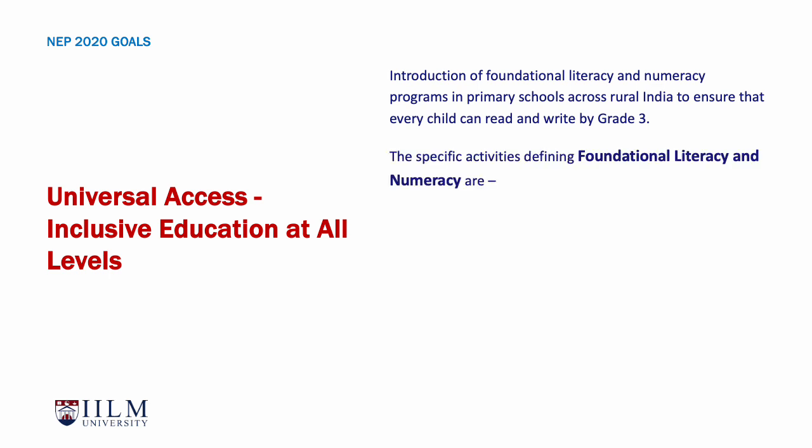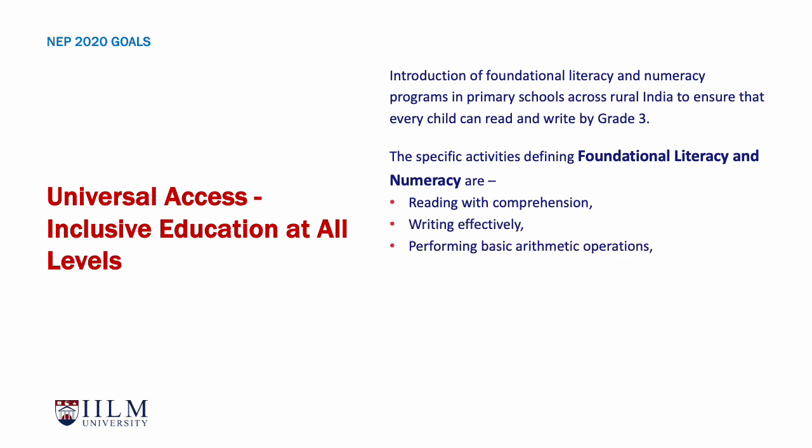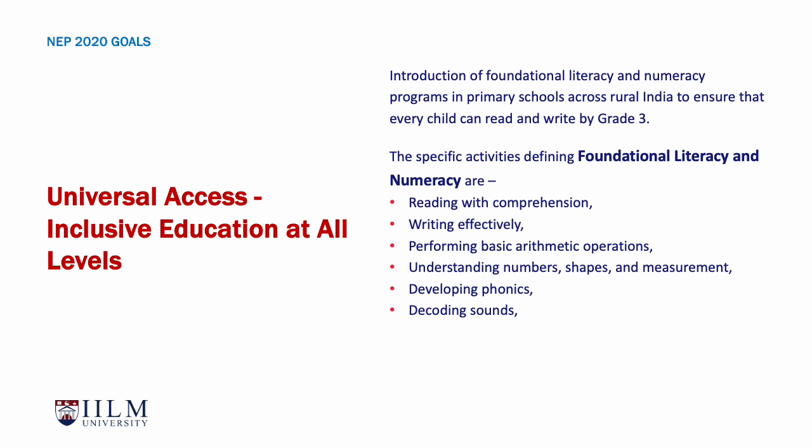The specific activities defining foundational literacy and numeracy are reading with comprehension, writing effectively, performing arithmetic operations, understanding numbers, shapes and measurements, developing phonics, decoding sounds, reading fluency, and drawing.